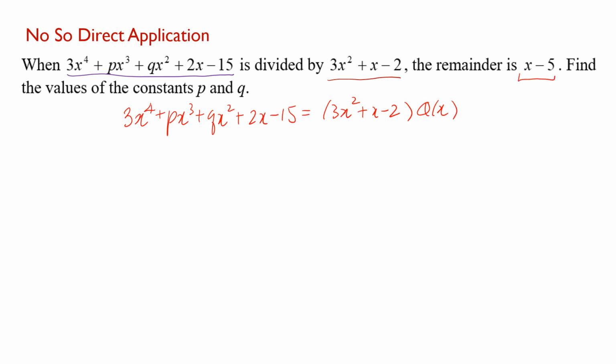The remainder given to you is x minus 5, so plus x minus 5 here. We're going to factorize your divisor, which will give you 3x plus 2, x minus 1. No, wrong. Which will give you 3x minus 2, x plus 1. Let's check again.